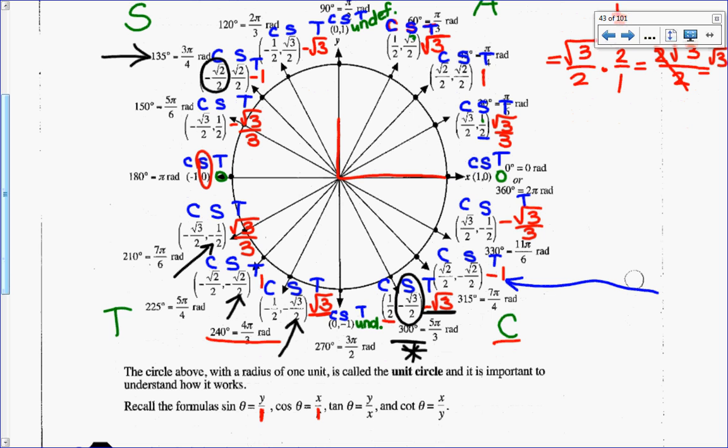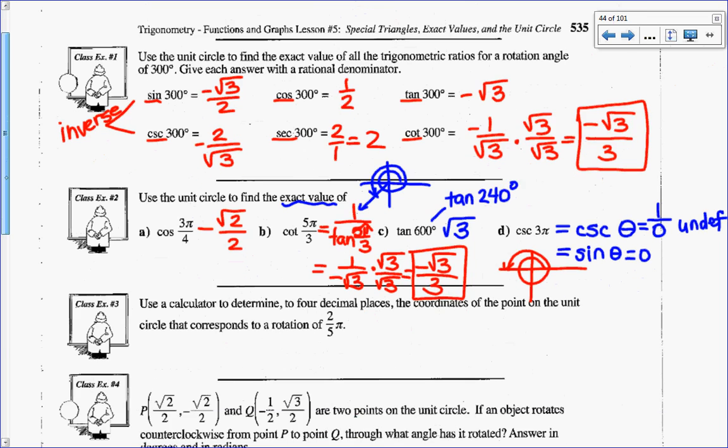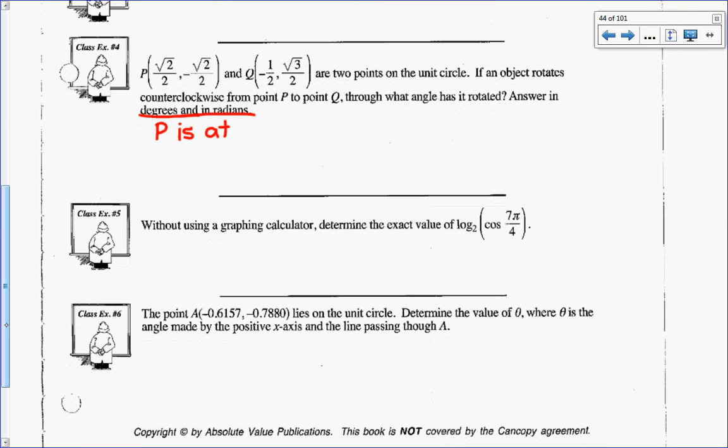So this is actually 315 degrees, 7 pi over 4 rads. So P is at 315 degrees, or 7 pi over 4 rads.